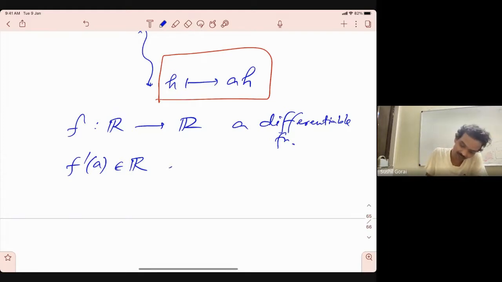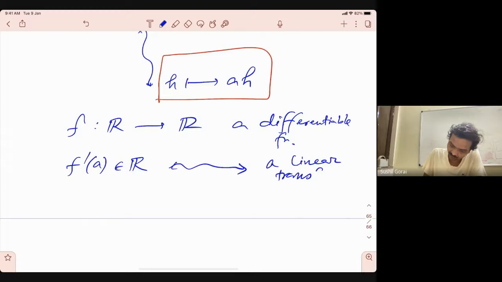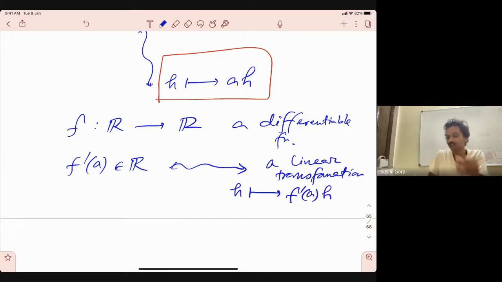But this actually corresponds to a linear transformation, h goes to f prime a h. So it changes as you change a. As you change a, this linear transformation gets changed.